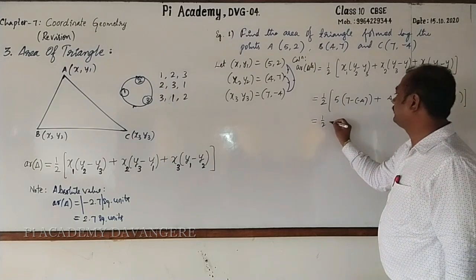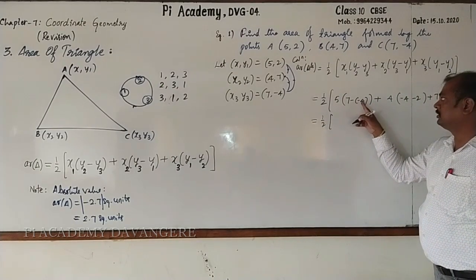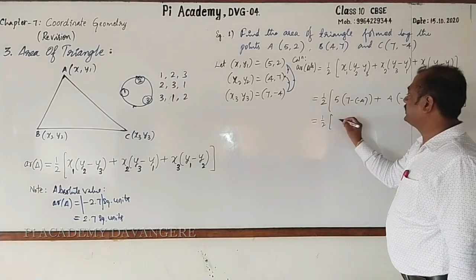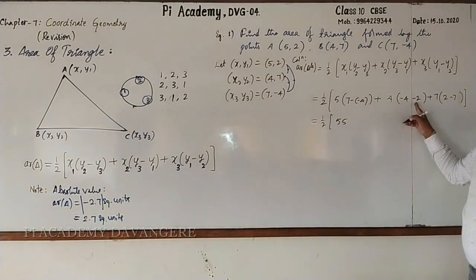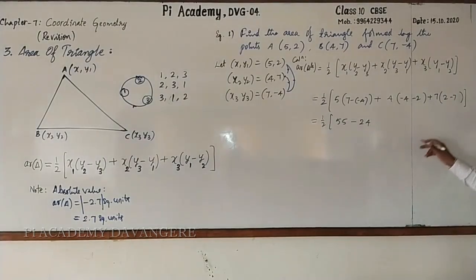It's equal to half into, now look here, minus into minus, plus: 4, 7 plus 4, 11. 11 5s are 55. Minus 4 minus 2, minus 6. Minus 6 into 4, minus 24. 2 minus 7, minus 5.